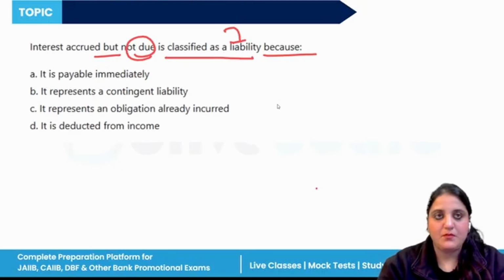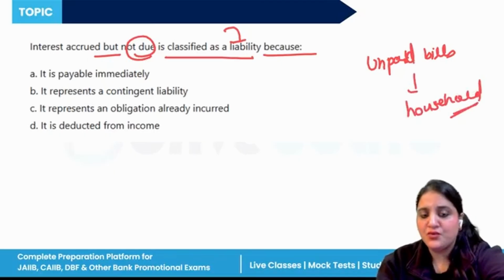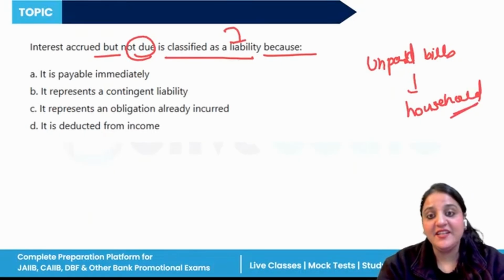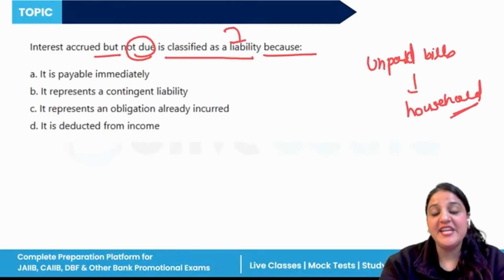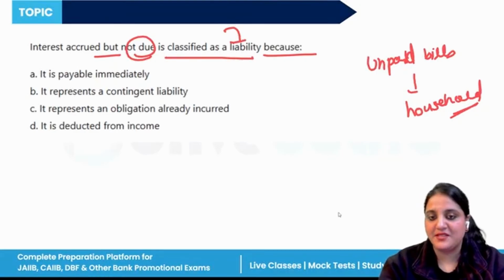See, suppose there are the bank's pending obligations, like unpaid bills of a household. They include bills payable, inter-office adjustments, interest accrued but not due, tax provisions, and other statutory liabilities. So they are temporary but unavoidable liabilities.